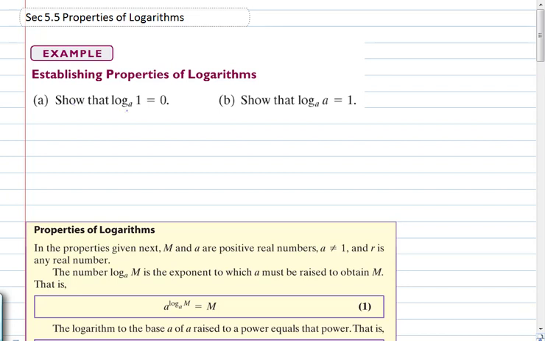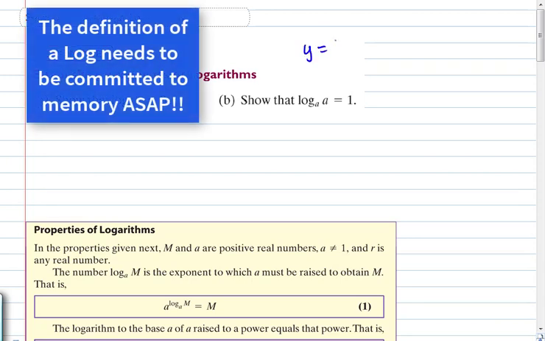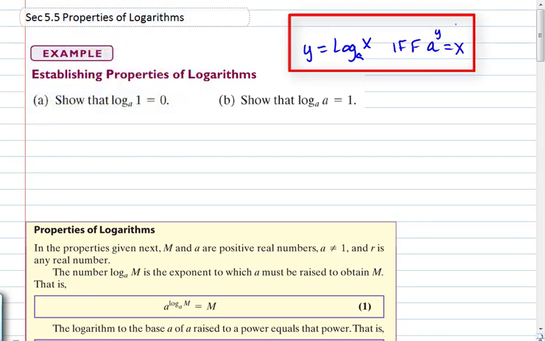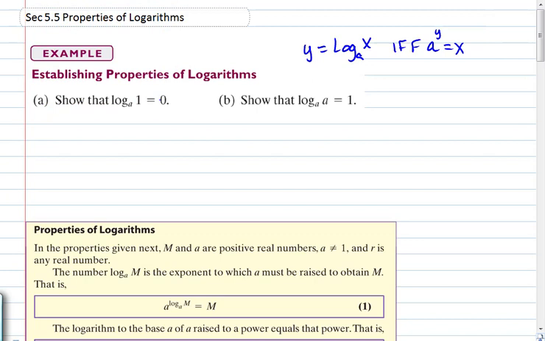It says show that log base a of 1 is equal to 0. Well, right now, all we have in our toolbox of formulas is that definition of a log, which says y equals log base a of x if and only if a to the y equals x. So let's rewrite this log as an equivalent exponential expression.